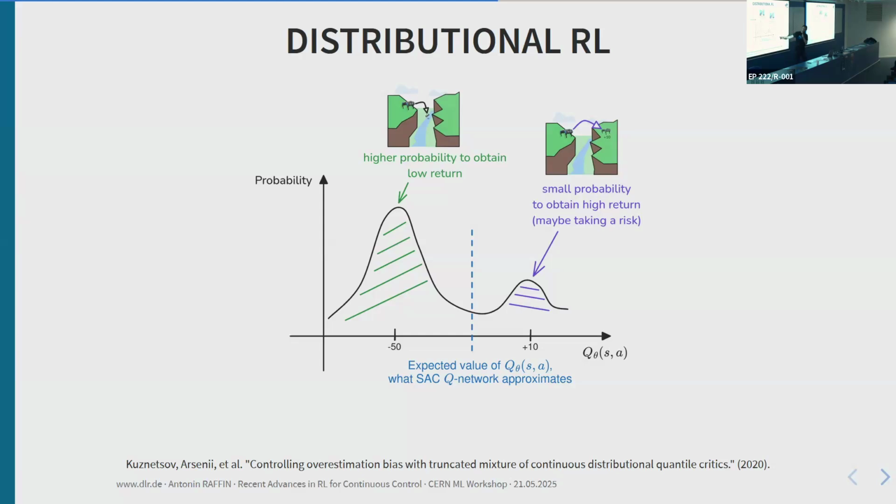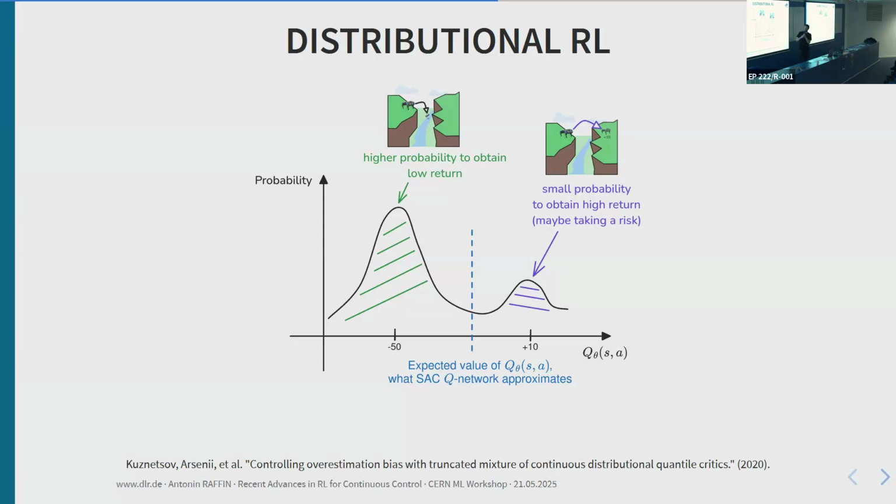So despite taking the same action in the same state, you get a distribution of outcomes. The problem with classic RL is that you only model the expected performance, so you will be a bit between those two modes. And this will be very hard to actually optimize because you will always have some error when you sample one or the other.